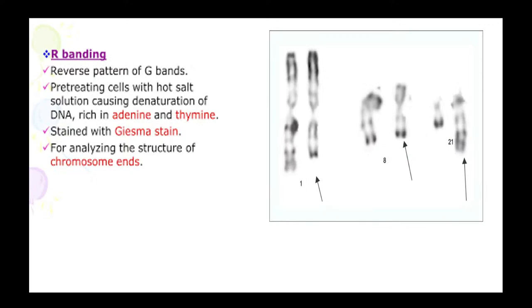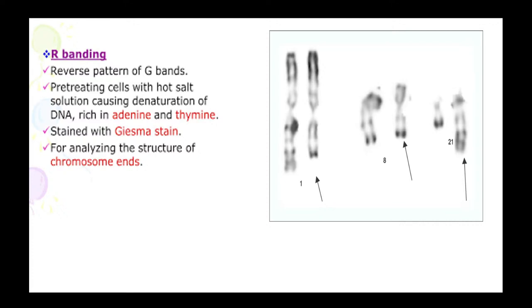R banding is banding which has a reverse pattern of G bands. Pretreating cells with hot salt solution causes denaturation of DNA rich in adenine and thymine. After this, these chromosomes stain with Giemsa stain.